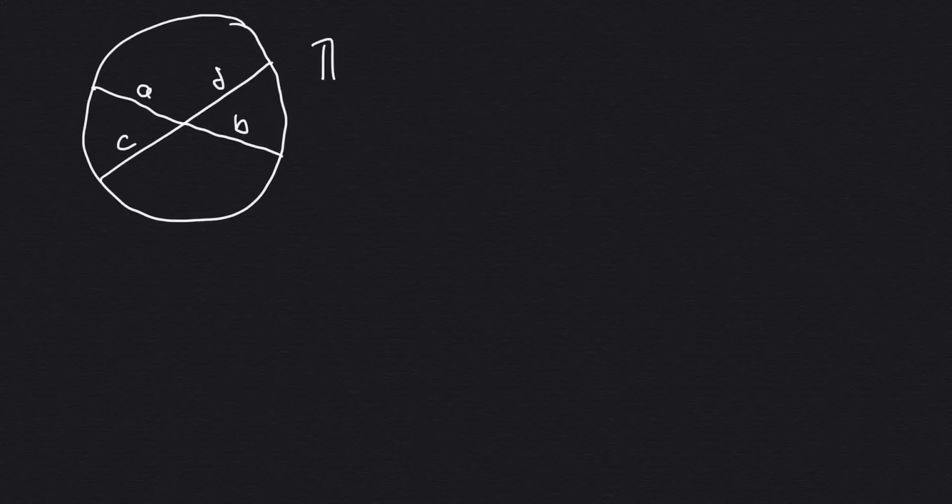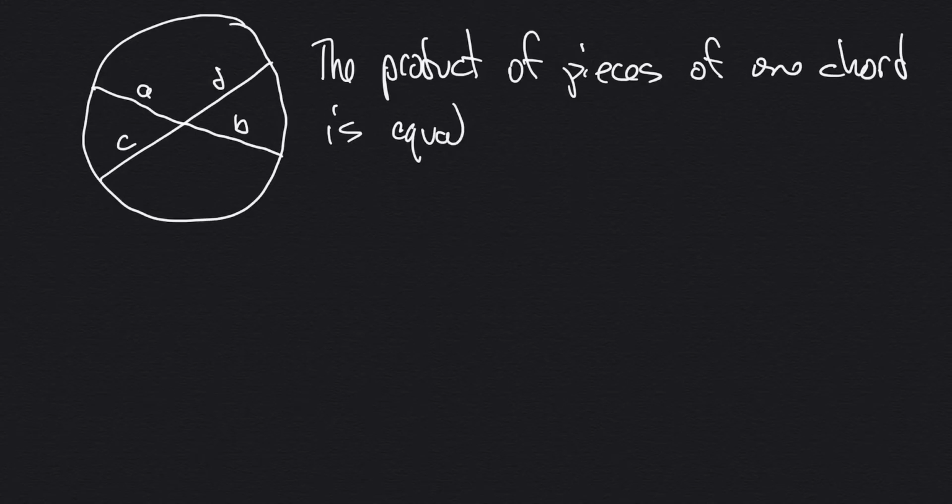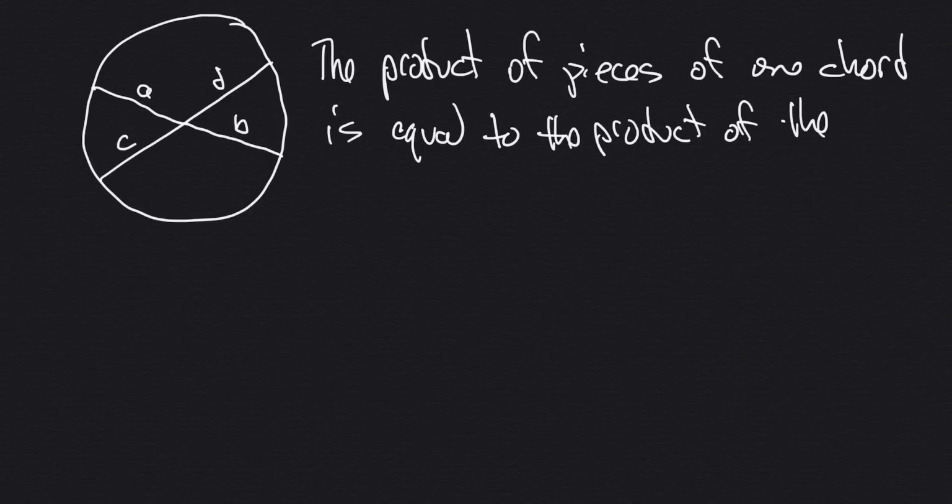Basically it says the product of the pieces of one chord is equal to the product of the pieces of the other chord.